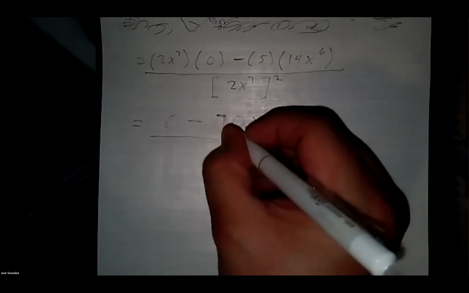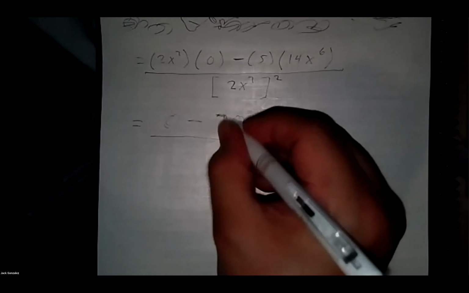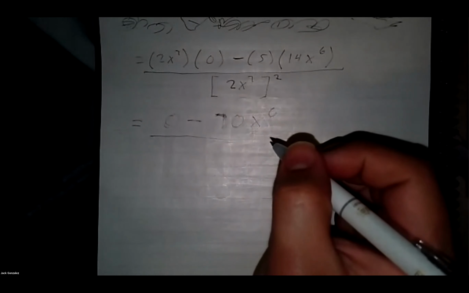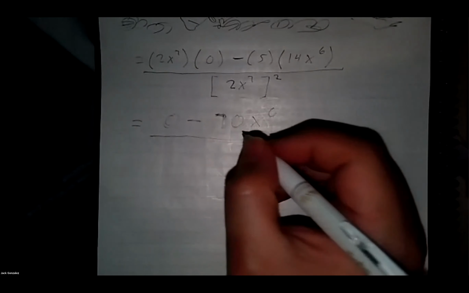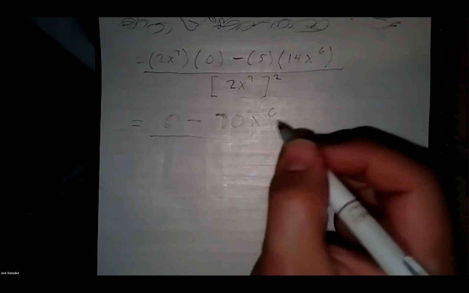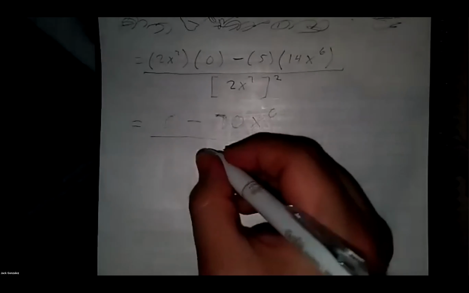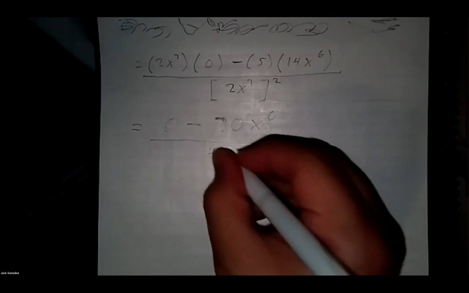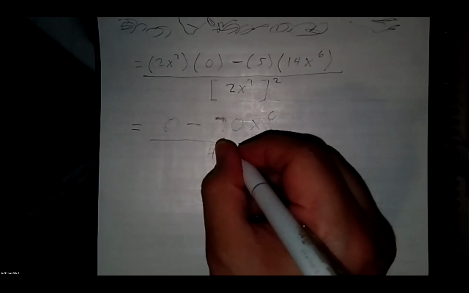Two x to the 7 squared, what will that be? 4 x to the 14, right?